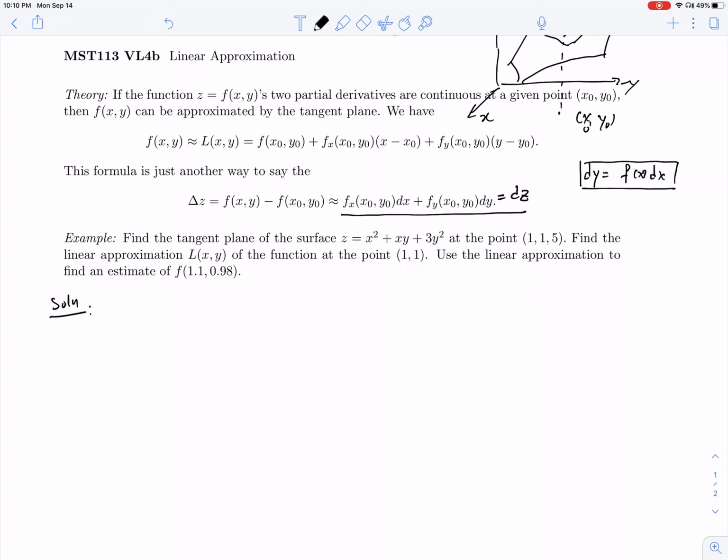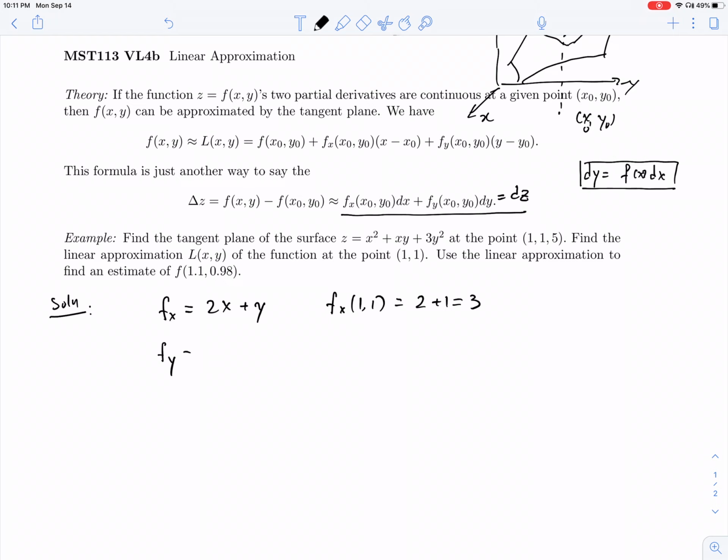First, we are asked to find the tangent plane of the surface. To find that, we need to find the derivatives. The partial derivative f sub x is going to be 2x plus y, and at the point 1, 1 it is 2 plus 1, which is 3.